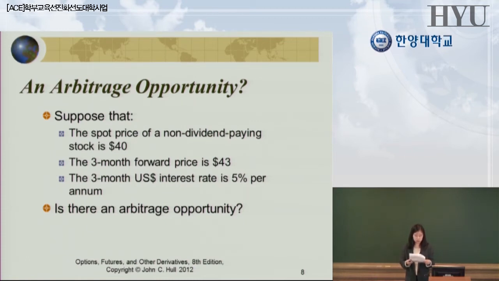First question: suppose that the spot price of a non-dividend paying stock is $40. The 3 months forward price is $43 and the 3 months US dollar interest rate is 5% per year. Is there an arbitrage opportunity?